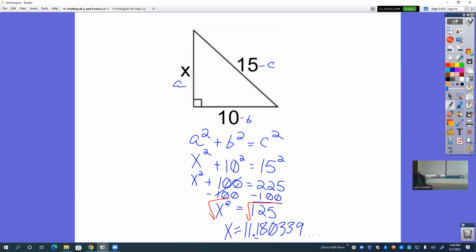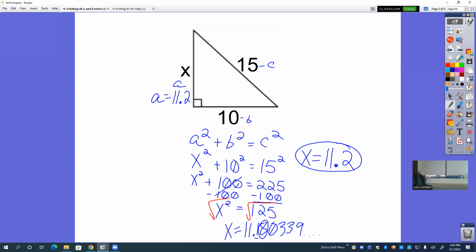So a 1 followed by an 8 rounds that up to X equals 11.2, which means that A equals 11.2.